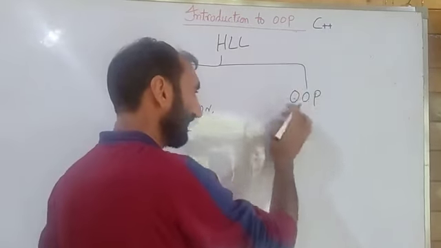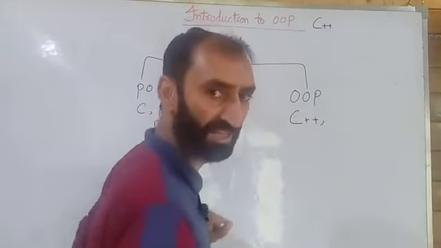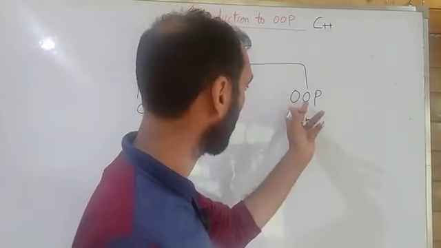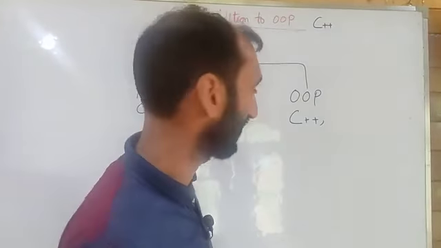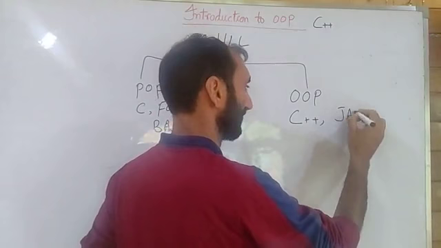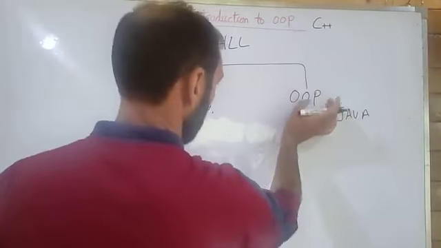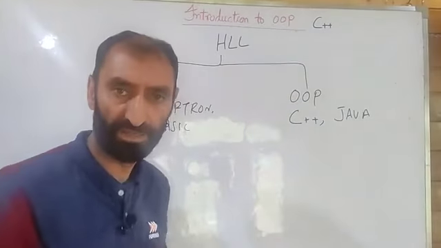And under the object oriented programming language category, C++ is the programming language which comes under it, and Java is also a programming language that comes under object oriented programming languages.